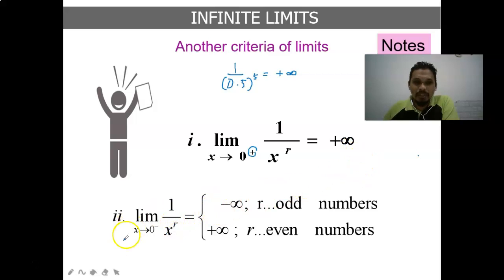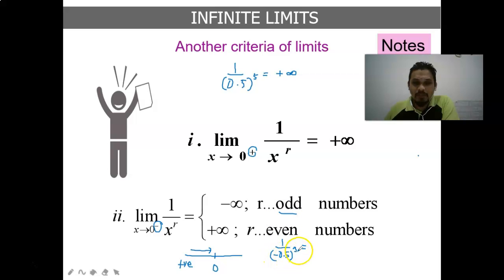And what about x approaching 0 from the left side? From here, it is all negative values, or negative numbers. So 1 over negative 0.5 to the power of an odd number, let's say 3.